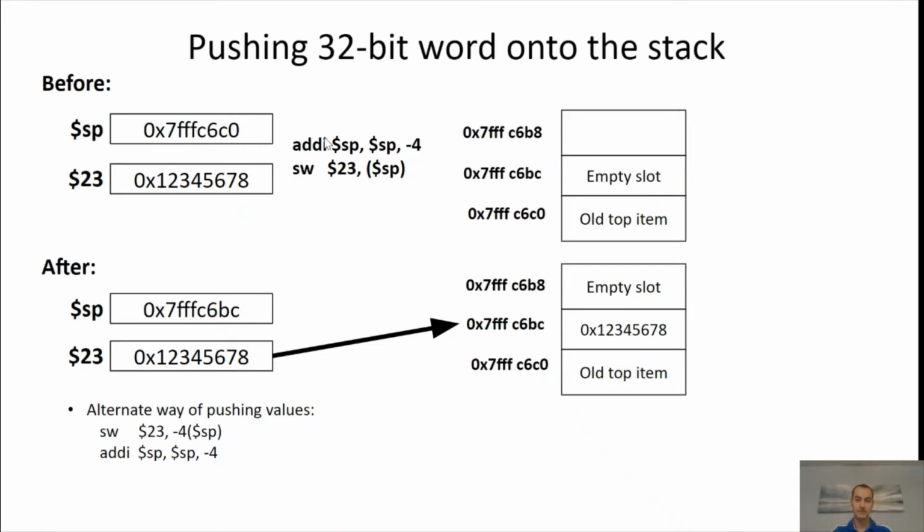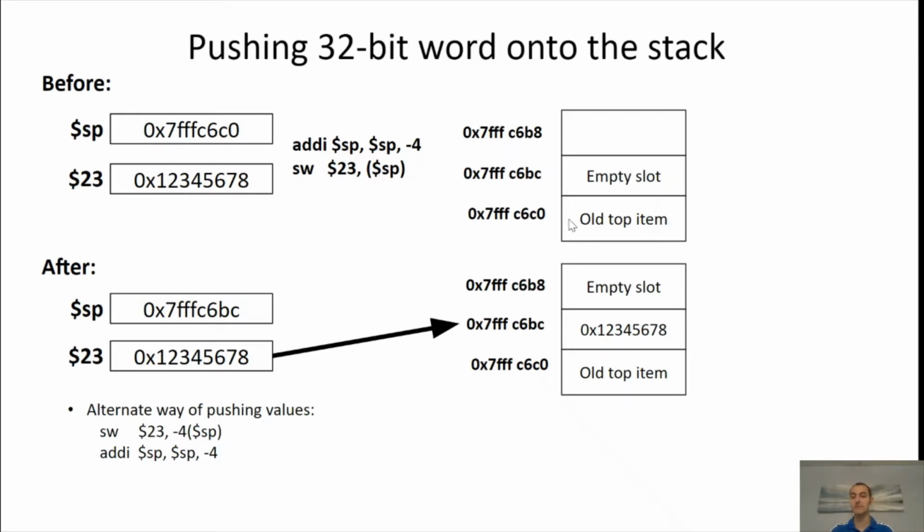So here's the scenario. There is a stack pointer, and this is the address that it's holding before running this code. If you look at this address, it ends in C0, which is here. So if the stack pointer is pointing to this location, that means that we already have an element here.